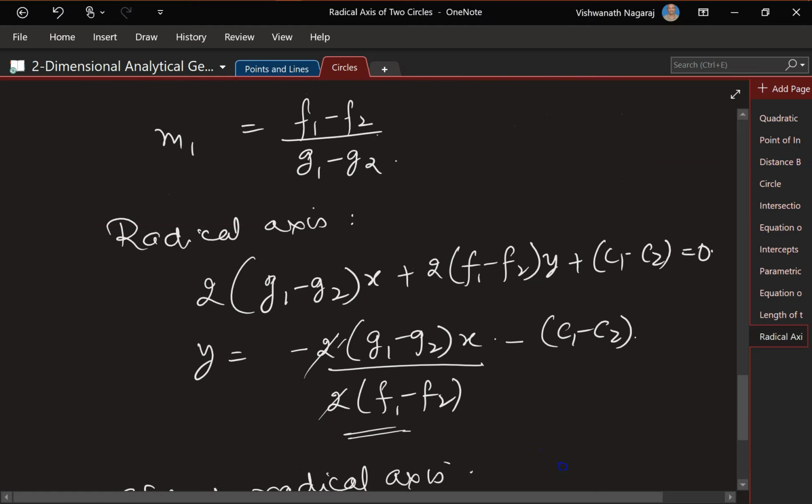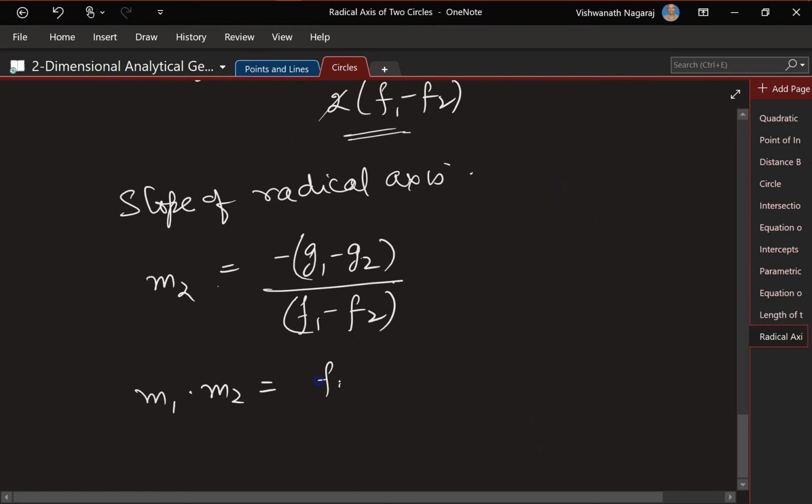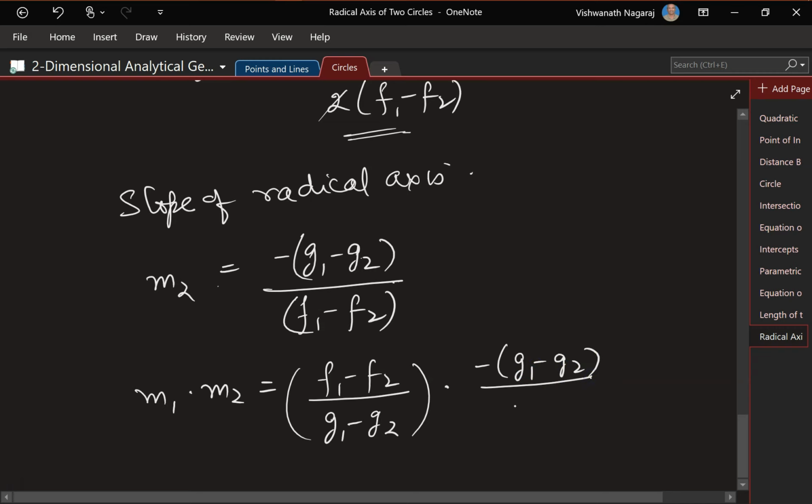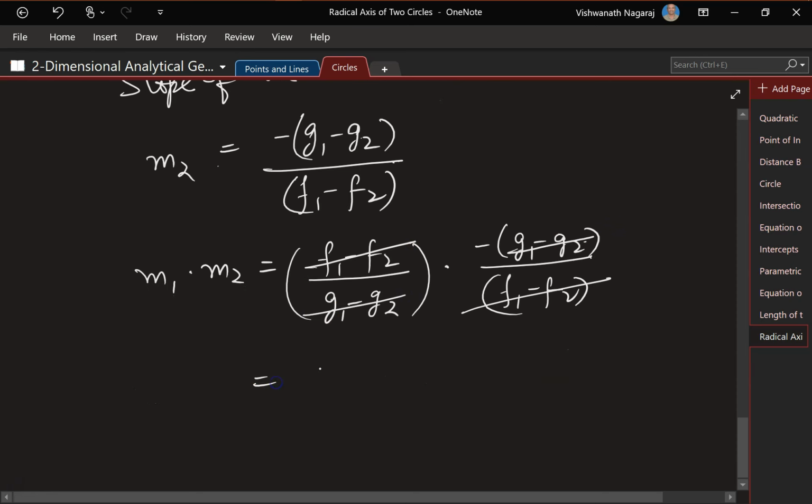So (f1 minus f2) by (g1 minus g2) times minus (g1 minus g2) by (f1 minus f2), and here this and this get cancelled, this and this get cancelled, the only thing that is left is minus 1.